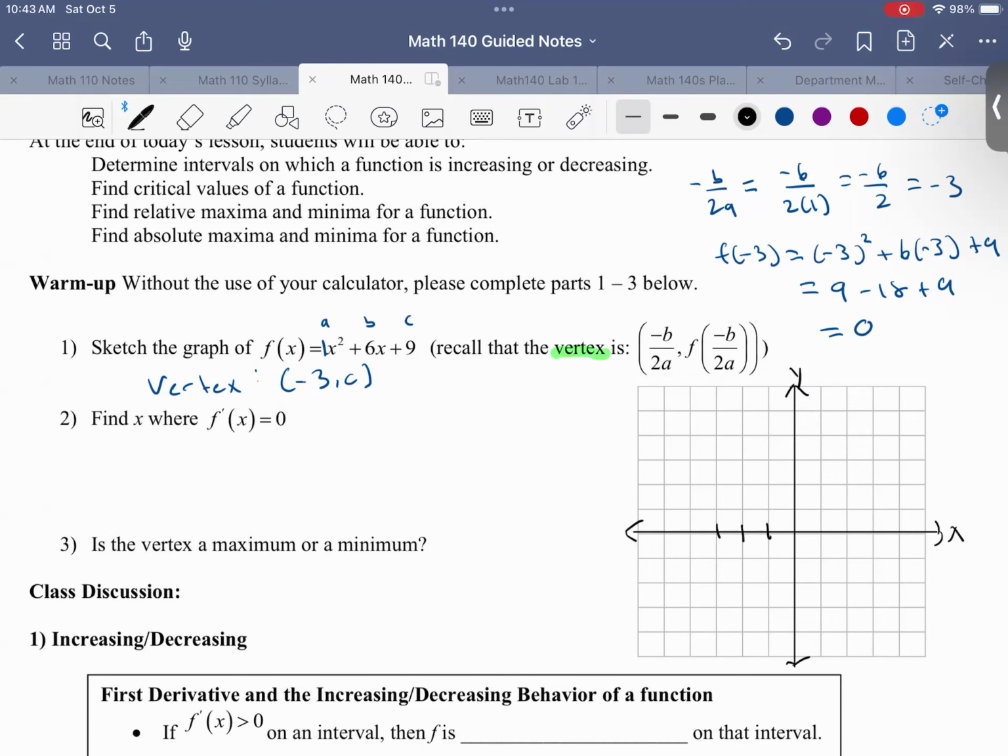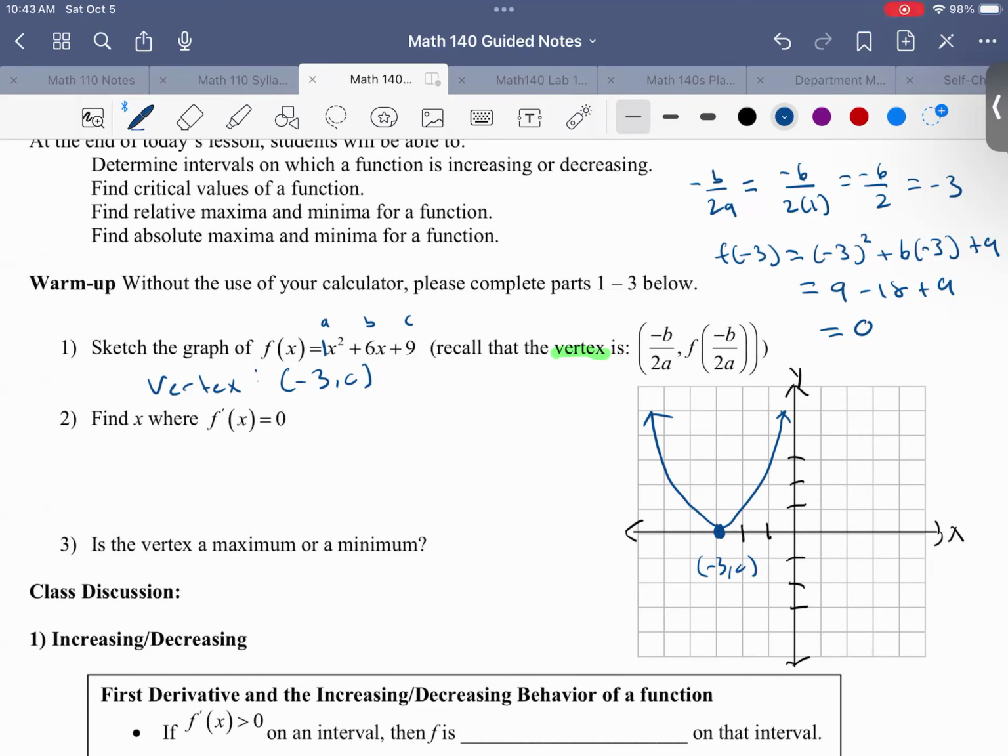Here's negative 3. But our point is just negative 3 comma 0. So here you go, negative 3 comma 0. And the function will just look something like that. We don't have to do all the rest, but we do know it's a quadratic, so it will look something like that. Okay, so that's a sketch of this quadratic.